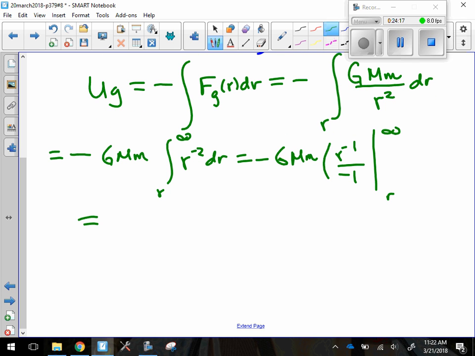Okay, so my negative 1's cancel. I get GMm times 1 over r. And actually, in fact, I'm going to write it this way, over r from r to infinity, just for the moment. And then I'm going to substitute in.